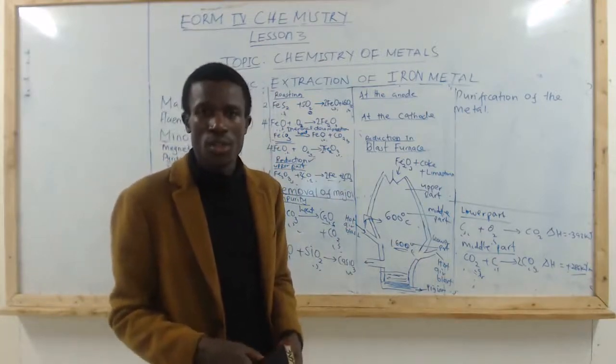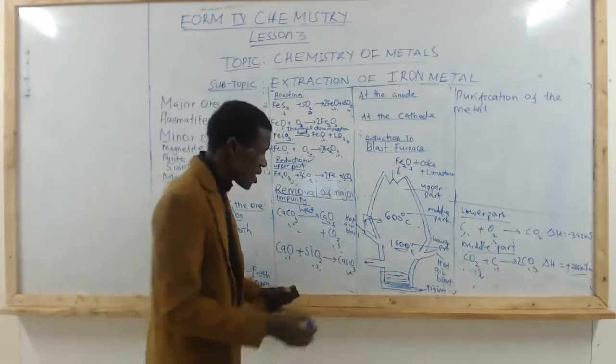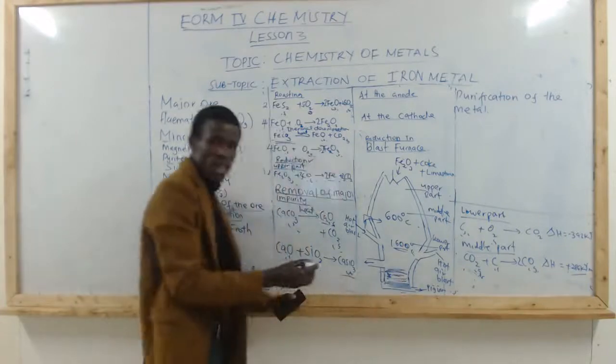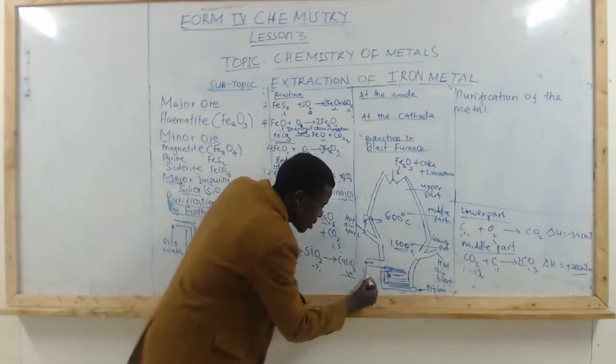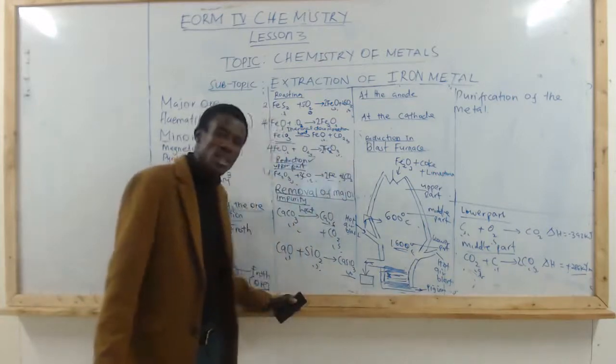For that reason, it is known as pig iron. Now, this slag, calcium silicate, is removed from the furnace since it is able to flow, as it exists in molten state.